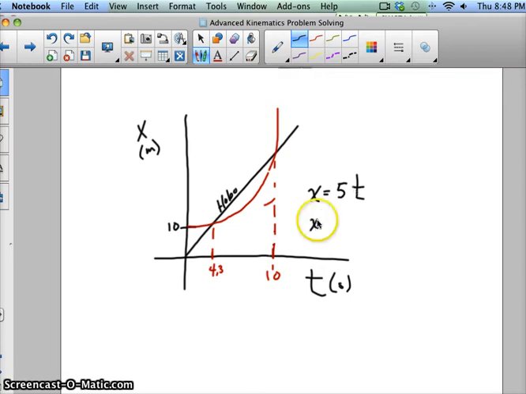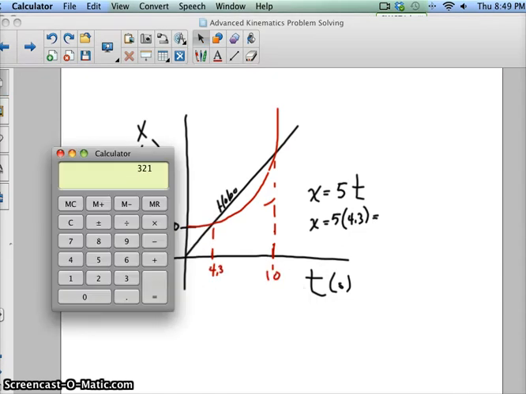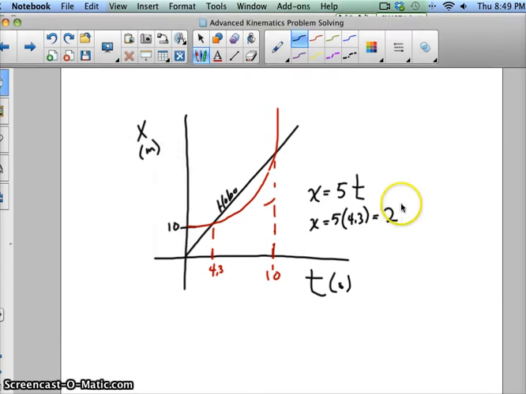So position is 5 times 4.3. So that's the position when the hobo gets his first chance, right? 5 times 4.3 is 21.5. And that's meters, since 4.3 is seconds and 5 is meters per second.